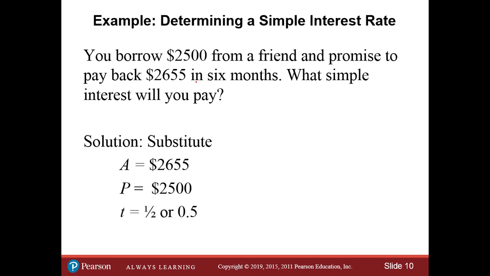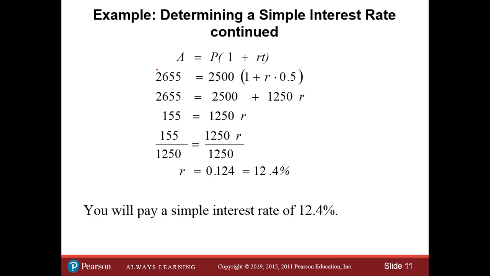We know it's for 6 months, so that's going to be half a year. So all we do is plug in our values and solve for R, right? So now we plug in all our values, and we solve the equation for R. We get 2,500 plus 1,250 times R, because we're multiplying by half.